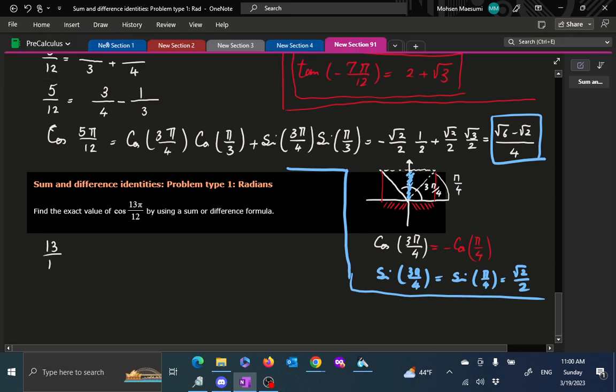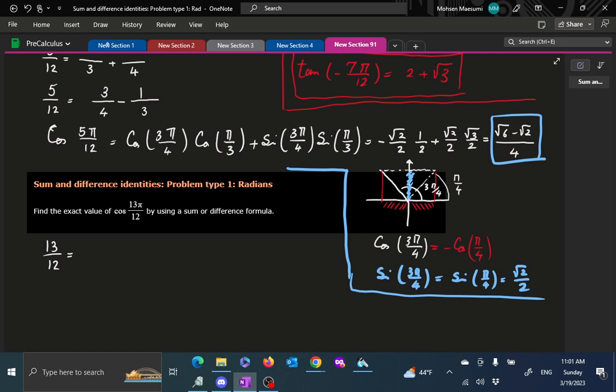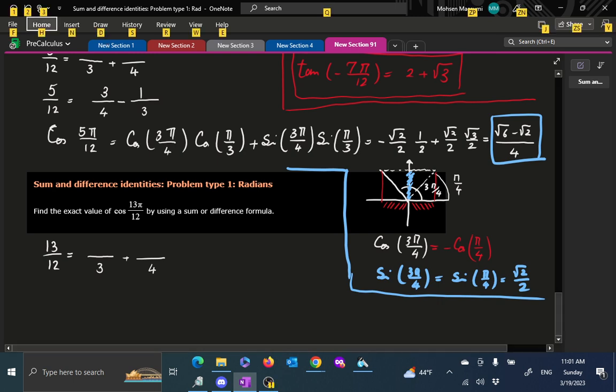Well, let's see if we can break it up into fractions with denominators 3 and 4. So what can we do, for example, here? What do you suggest? What numbers here and here will do the job for us? I want to make 13.